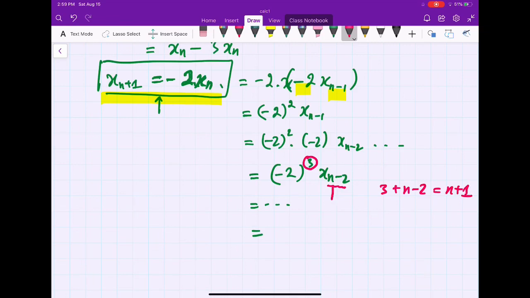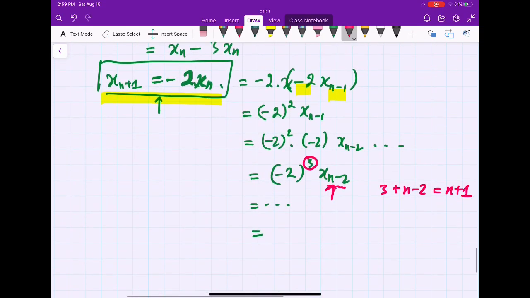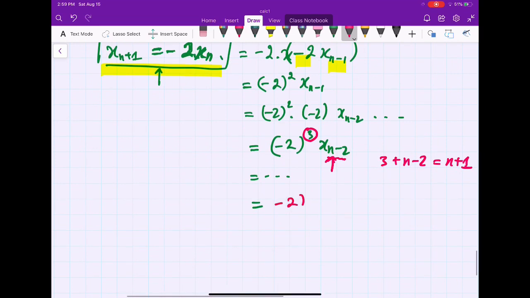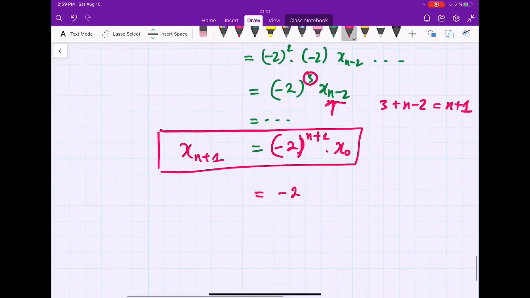So if I settle down to x0, here I should have negative 2 to the n plus 1 times x0. So that is my x(n+1). And that is what? That is negative 2 to the n plus 1 times 0.1.